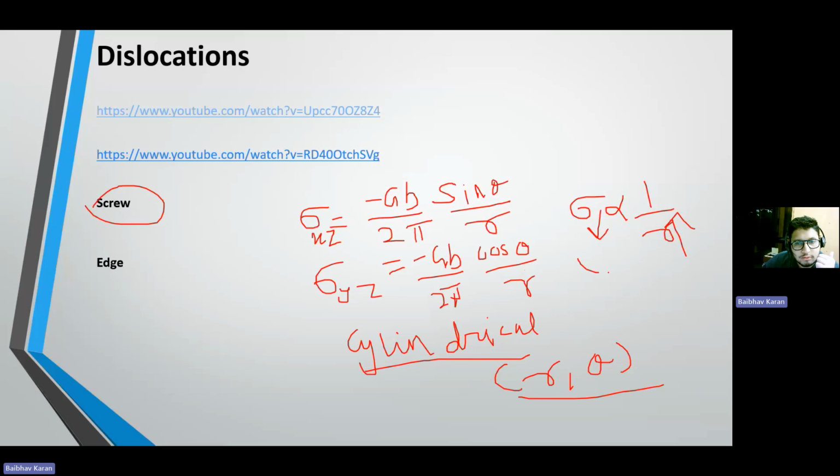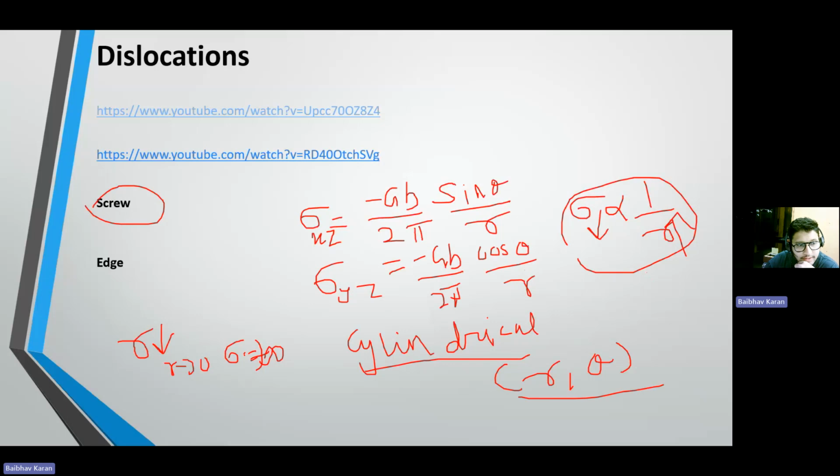One more point to note here is that when r is very high, the sigma value is very small, right? Now let's consider a situation where the r value is less. What will happen? If r tends to 0, sigma tends to infinity.